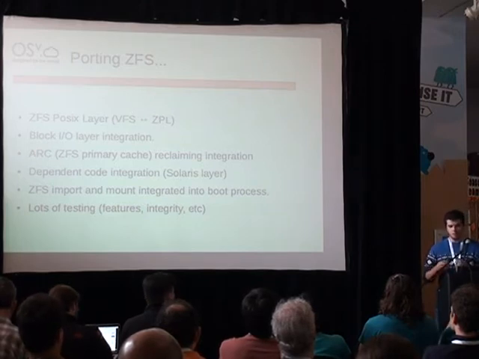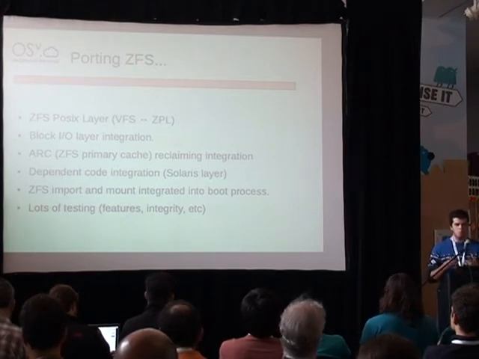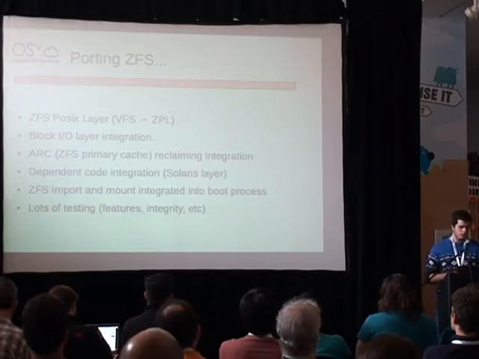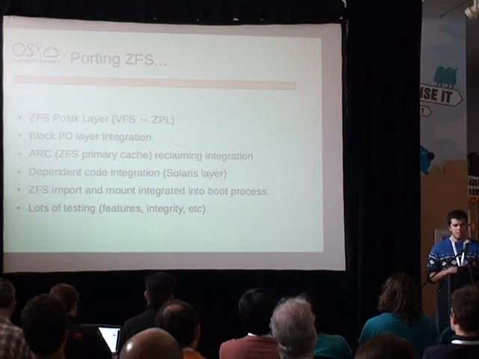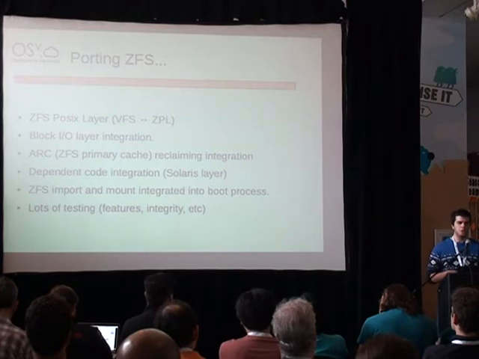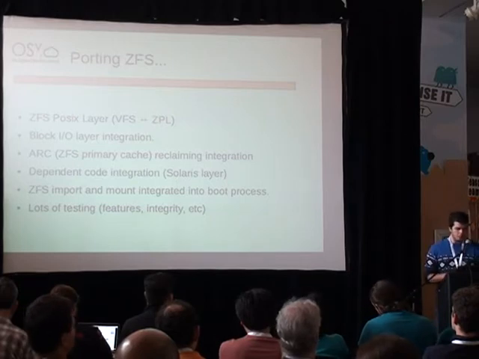During the boot process, we have to import the root pool and then mount the ZFS root file system. I'm not sure if I mentioned it, but ZFS is our native file system, so we actually start with the RAM file system, which helps the boot process. Afterwards, you go to ZFS using a system call specific for that, where you switch from RAMFS to ZFS, and that happens in the middle of the boot process.